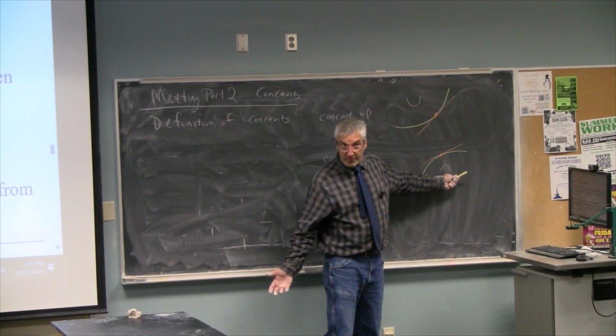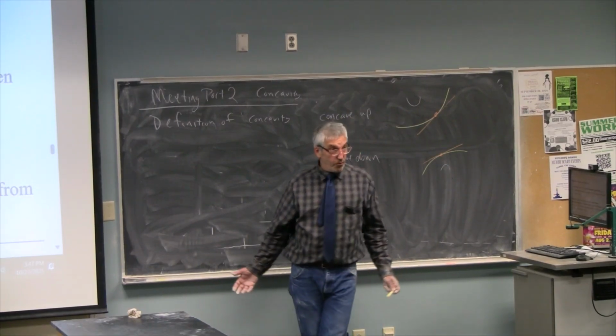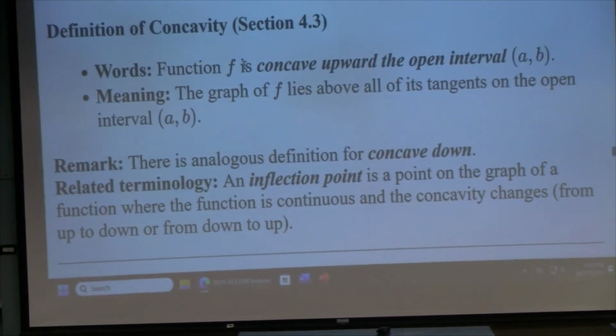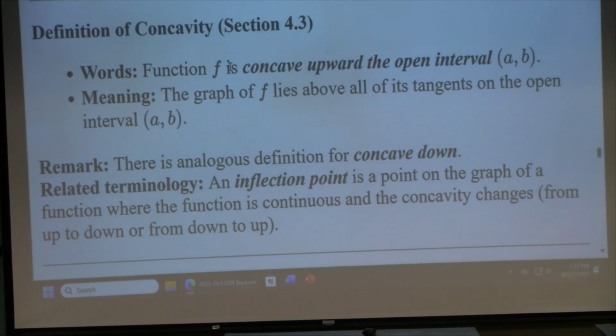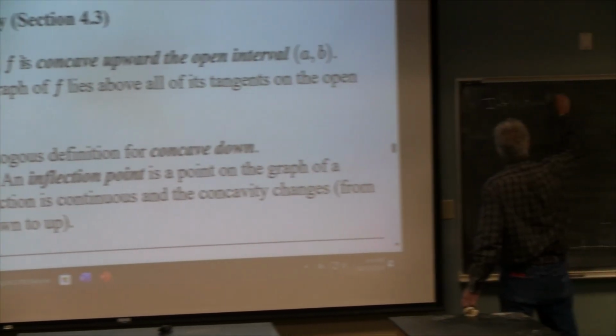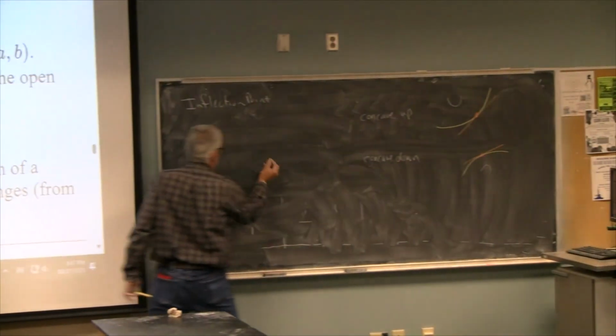So a point of inflection is going to be a place where the graph actually crosses its tangent line. So an inflection point could be something like this.